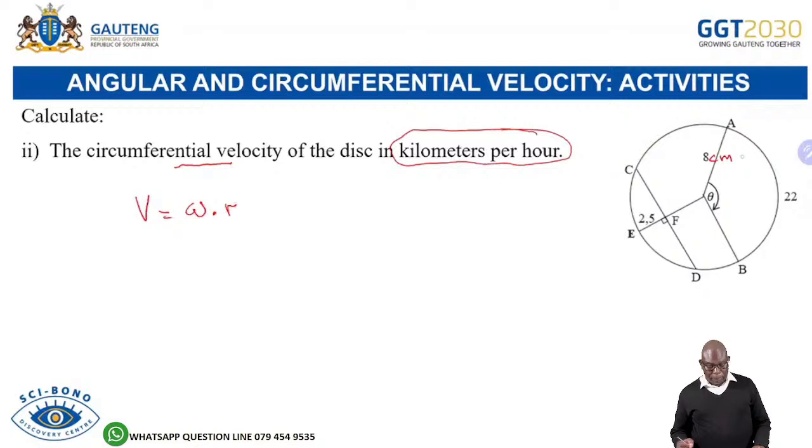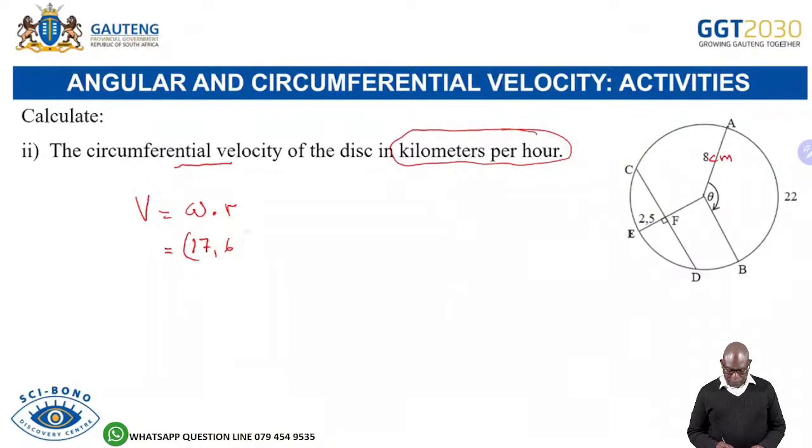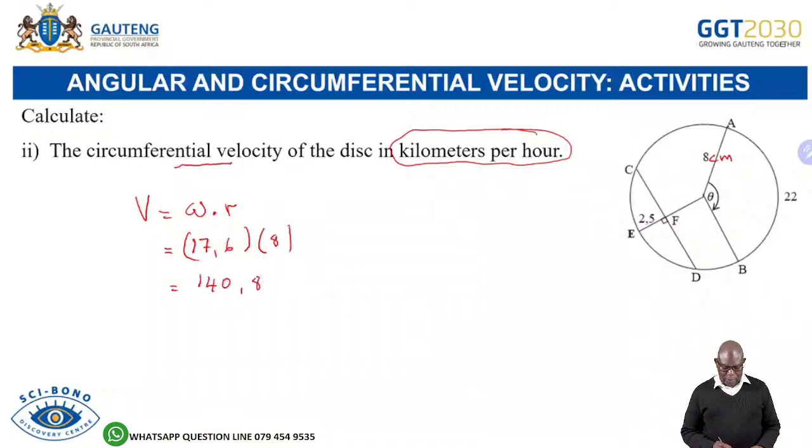Now I'm going to say this is 17,6 multiplied by 8. If I want to change this, I'm multiplying by 8. So now I'm going to have my answer as 140,8. Remember, this is in centimeters per second.